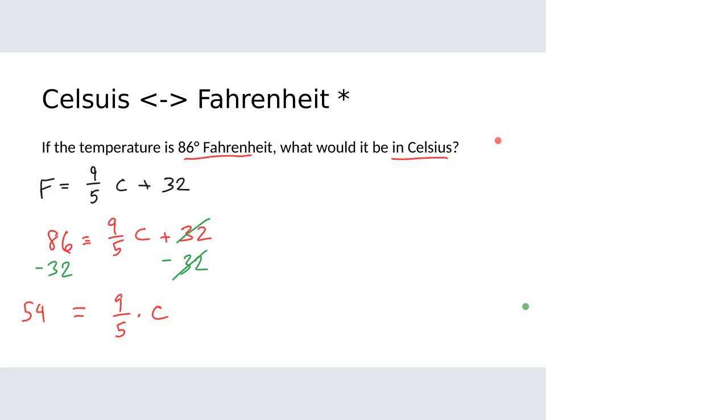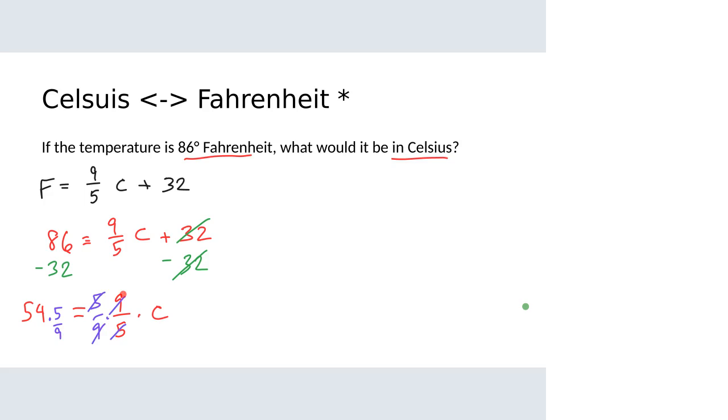In order to do that, I need to multiply by the reciprocal. To get rid of 9/5, I'm going to multiply by 5/9 on the right. I'm also going to multiply by 5/9 on the left. On the right-hand side, the 5s cancel, the 9s cancel, and all we have left is the c.